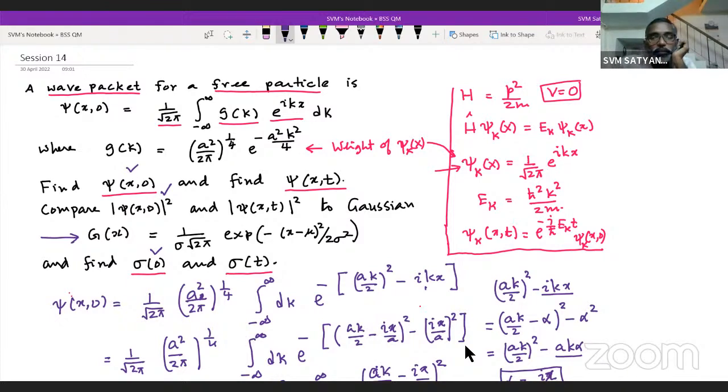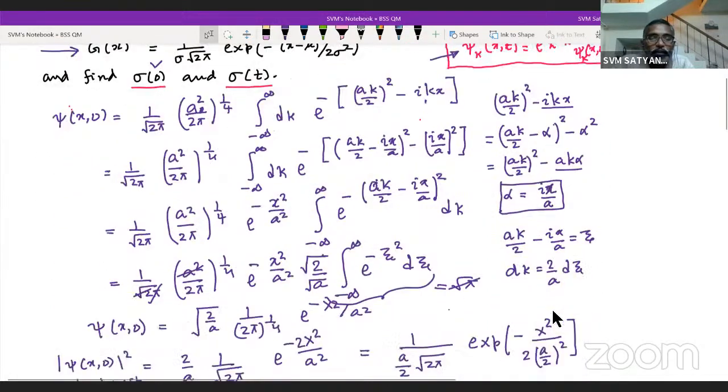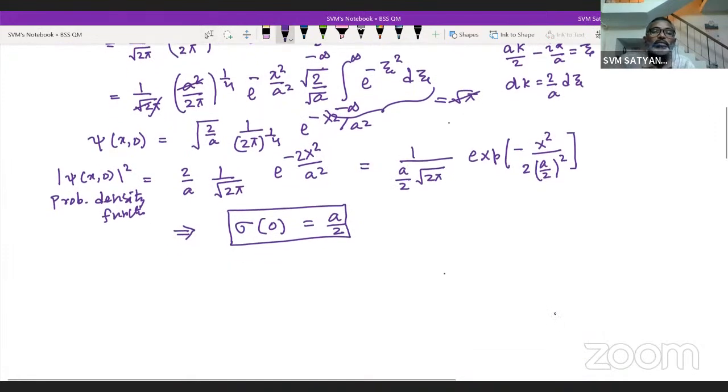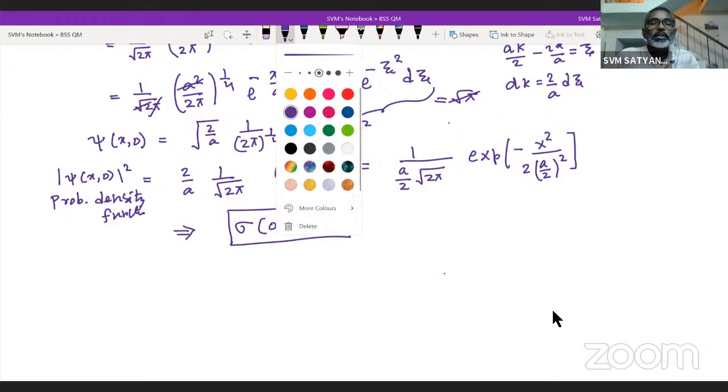Now for time dependence, I want you to note that each one of these energy eigenstates will vary like this, where Ek is given by h bar square k square by 2m. So basically the idea is something like this. We have discussed this earlier, but I'm not sure who are attending now were there at the time.